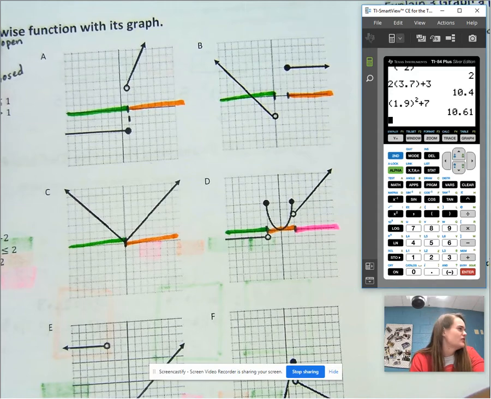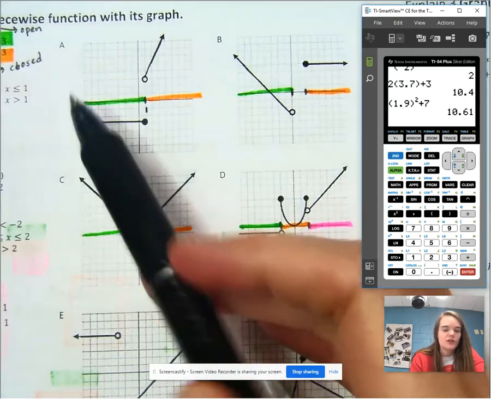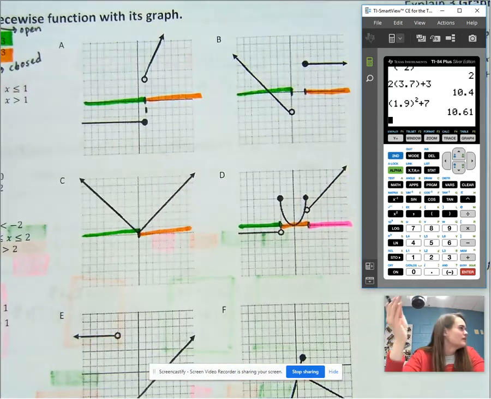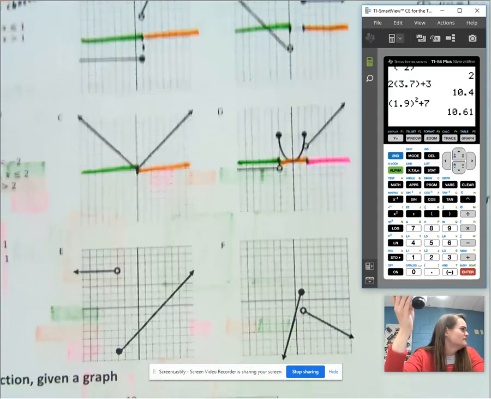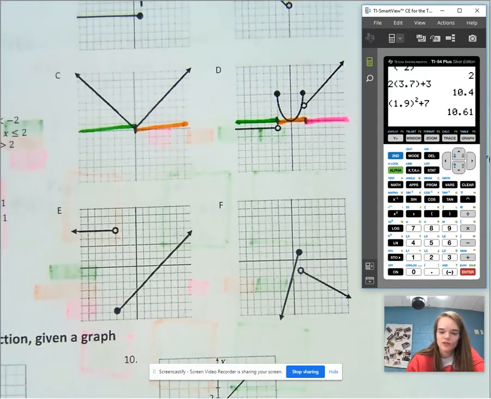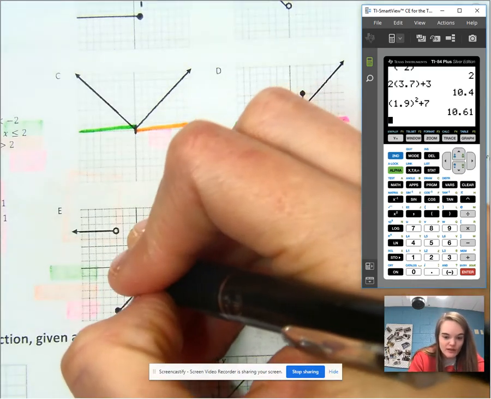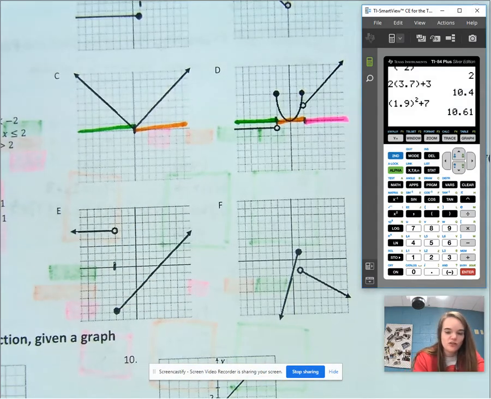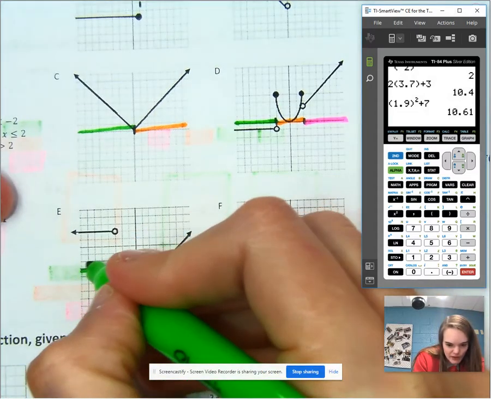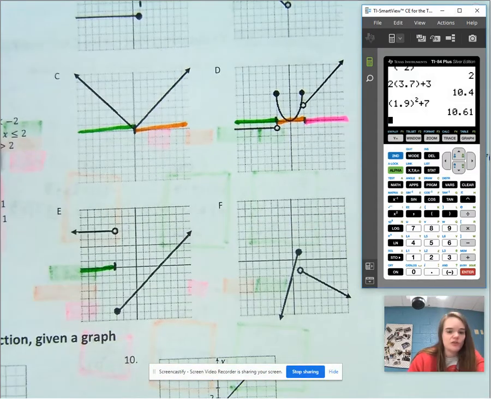All right, so it still can't be D since we are looking for something that changes at -3. Okay, let's look at E. E changes at -3. We'll have to see if it matches. So we have from here to here, as well as from here to here.